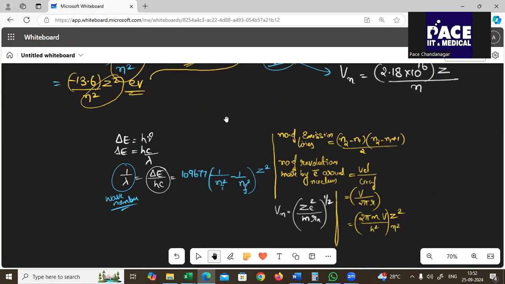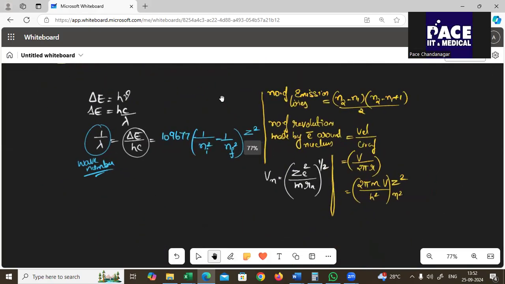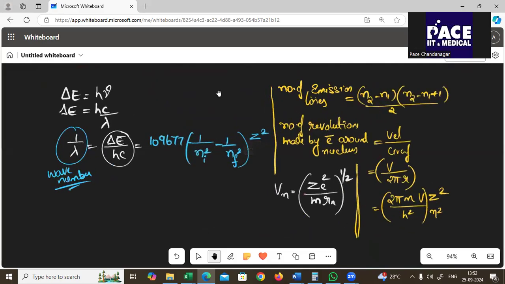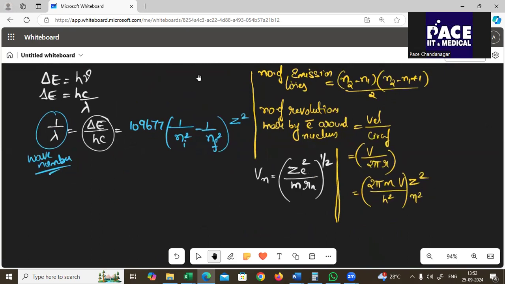Then you have the next set of questions here, delta E is equal to h nu, and this we know anyway. h nu is the energy there, and hc by lambda is nothing but delta E. I am making 1 by lambda my subject because 1 by lambda is my wave number. Wave number is represented by nu bar. Nu bar is wave number, which is delta E by hc.